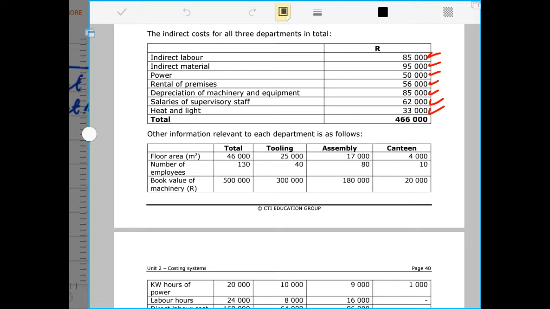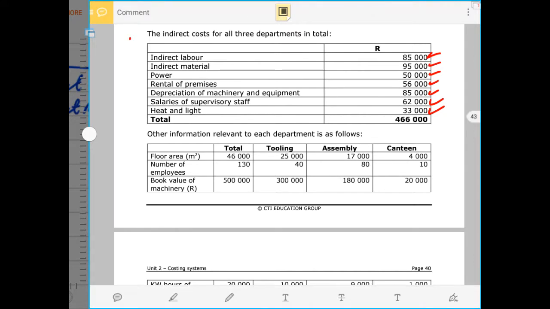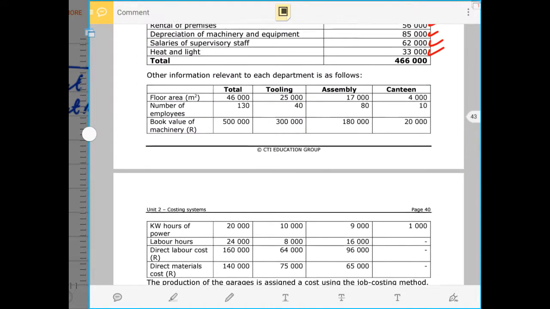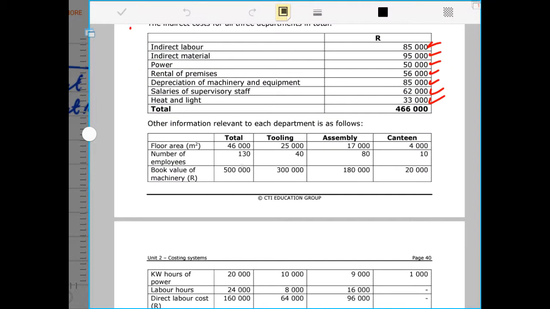Then the indirect labor will be allocated using the base, which is the number of employees. We have 130 total number of employees.